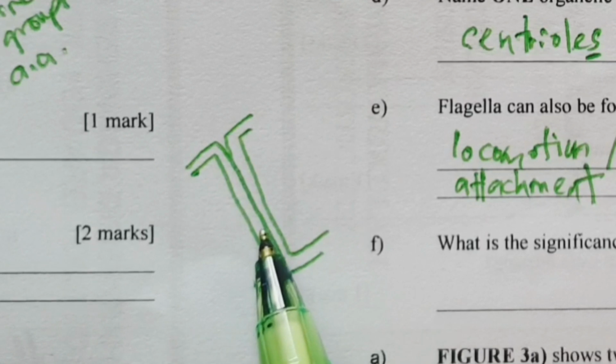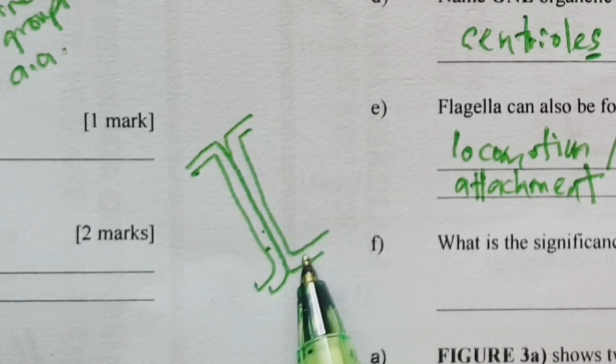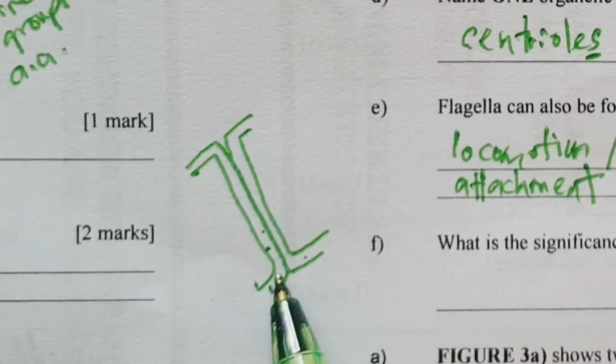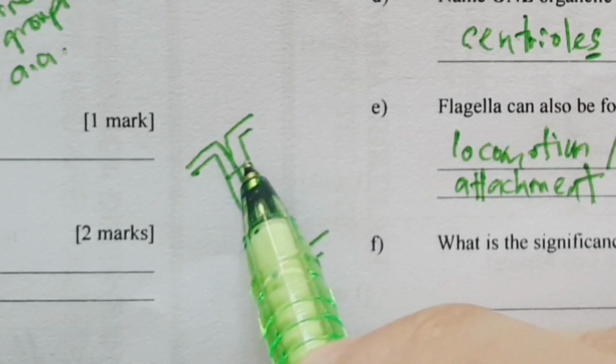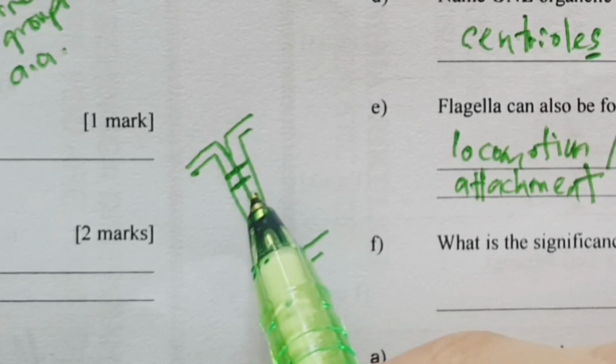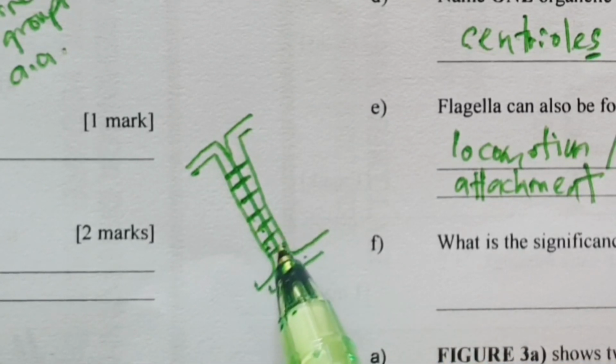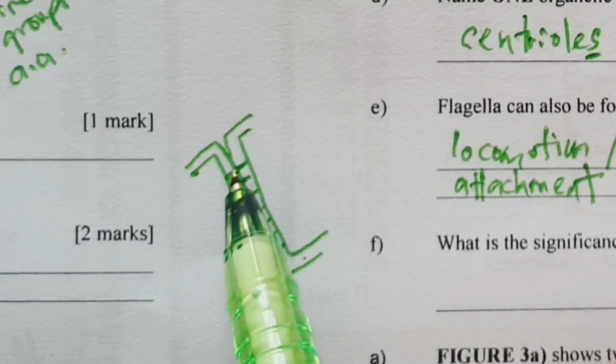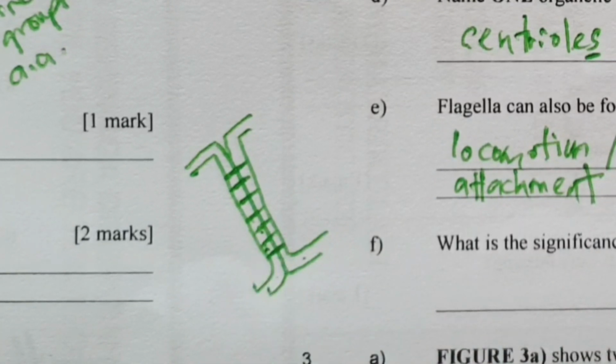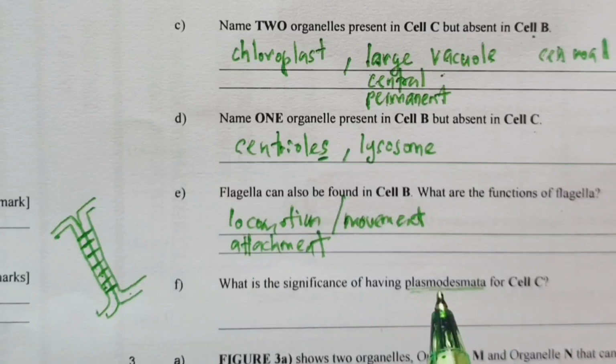So ini adalah cell wall antara dua plant cell. So antara cell wall ini sebenarnya ada banyak pore, lubang-lubang inside the cell wall. So lubang-lubang ni lah kita panggil sebagai Plasmodesmata.